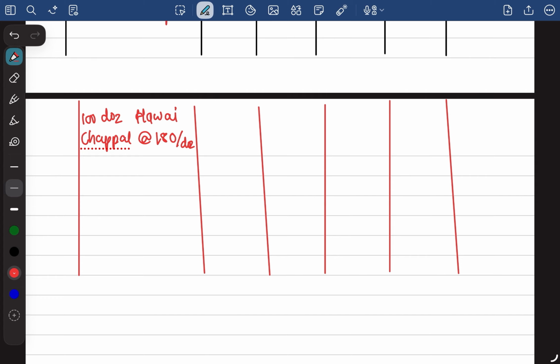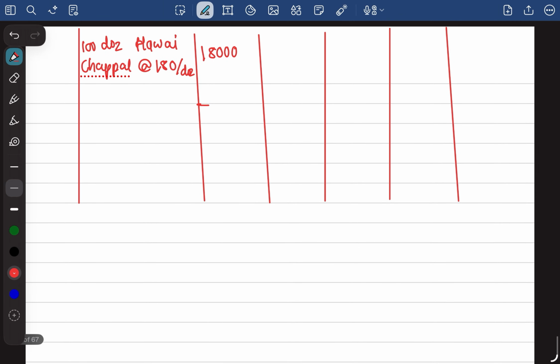The amount will be 18,000. The total amount is 34,000 again.